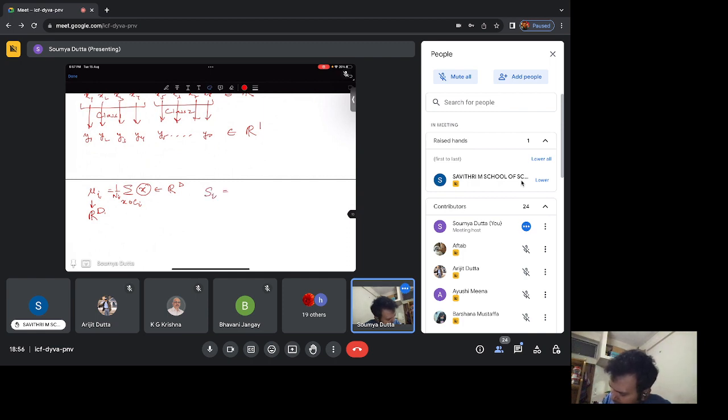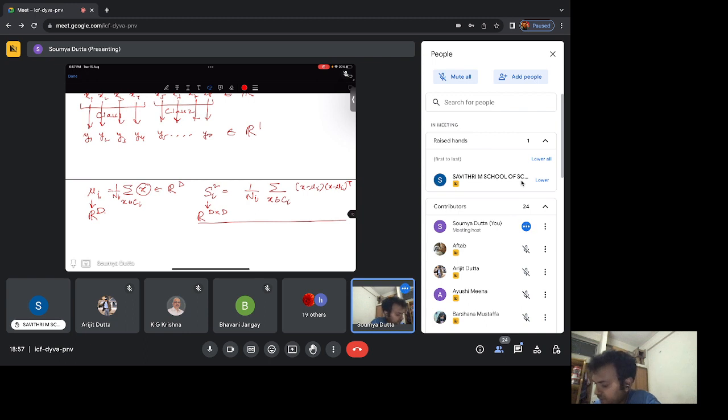Si is basically a matrix in R D cross D, equal to 1 by Ni, summation x belongs to Ci, x minus mu I into x minus mu I transpose. This is how covariances are defined. This is Si square.